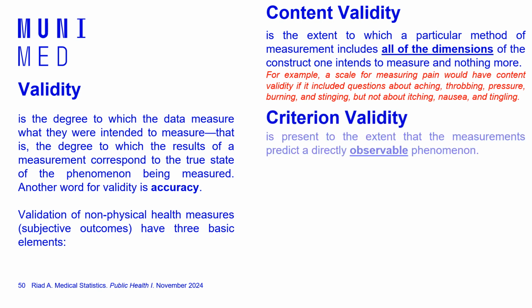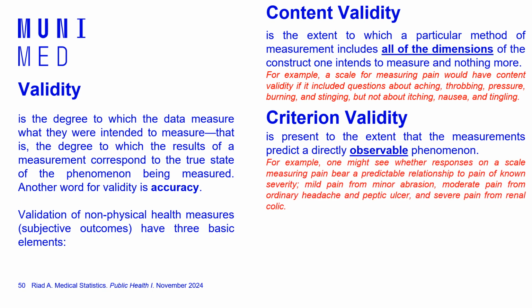Then the other quality of validity is called criterion validity. Imagine criterion validity as a ruler or a scale. If you have a low score on the depression scale, the patient should show the mildest symptoms of depression.